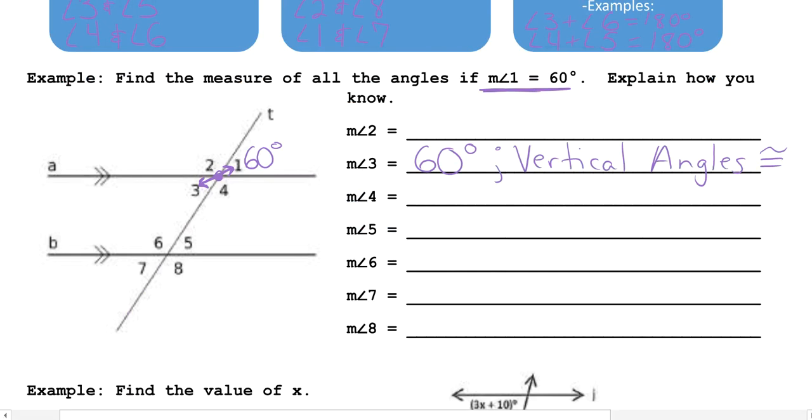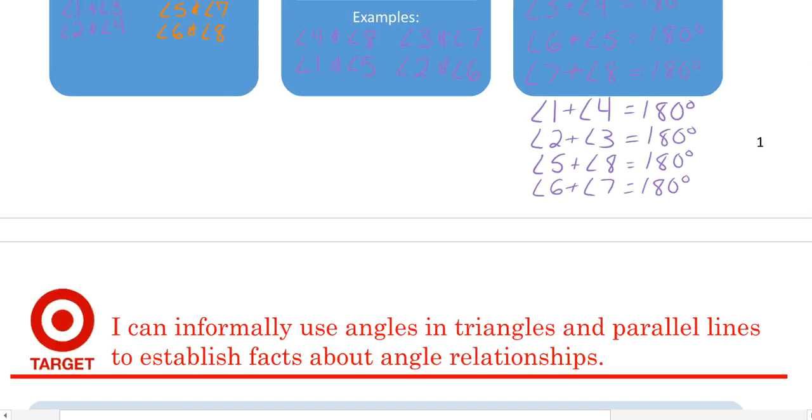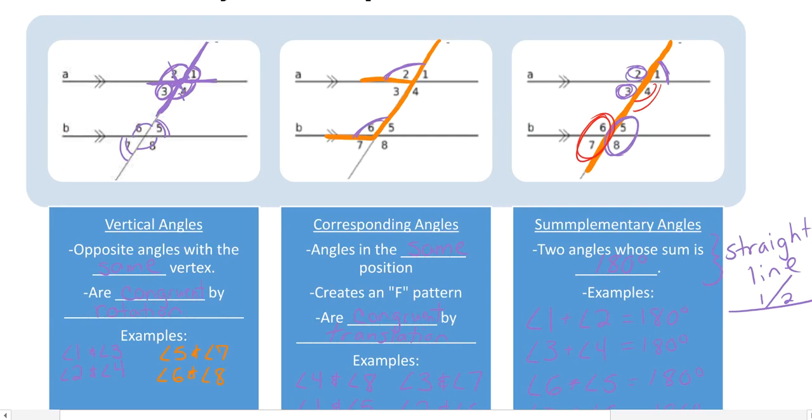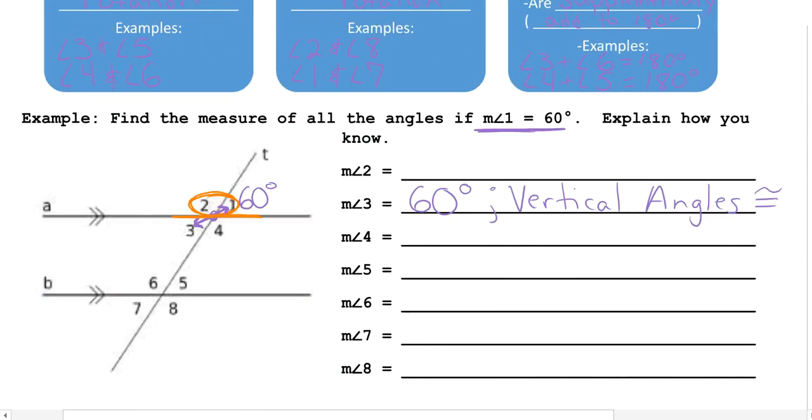Then, if I need to figure out angle 2 and 4, knowing that 1 and 3 are congruent is helpful, but 1 and 2 are very visibly not congruent. So I have to think, all right, what relationship has two angles that are right next to each other? And if I notice, they're along a straight line. So looking back at my different relationships, I can see that supplementary angles are two angles that fall on a straight line and add to 180 degrees.